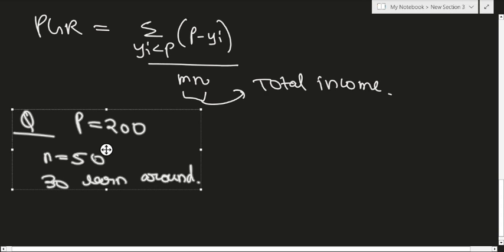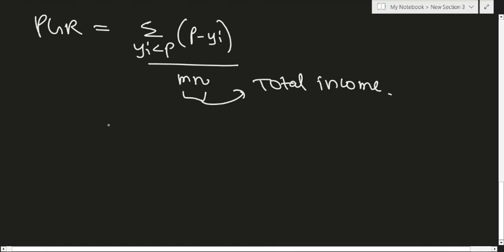We will take up the example in the numerical example towards the end of all the topics. Now in this PGR we take the deviations of incomes of those people who are below the poverty line.